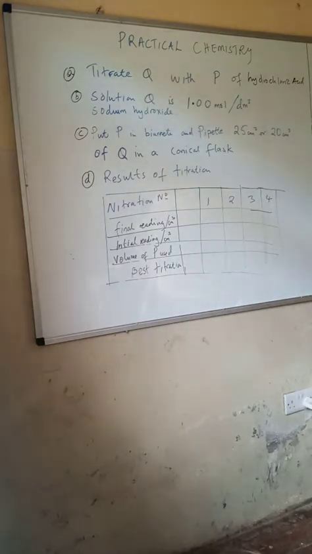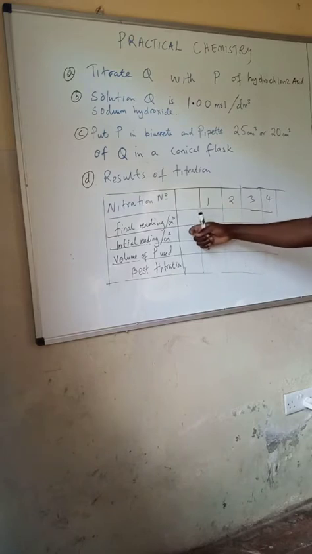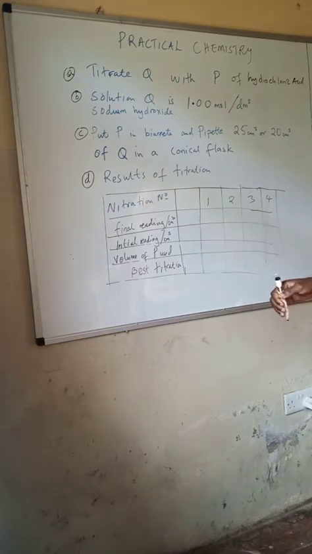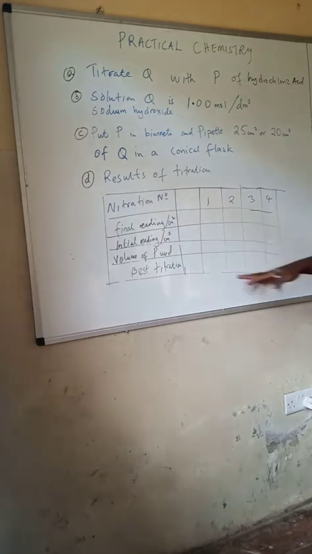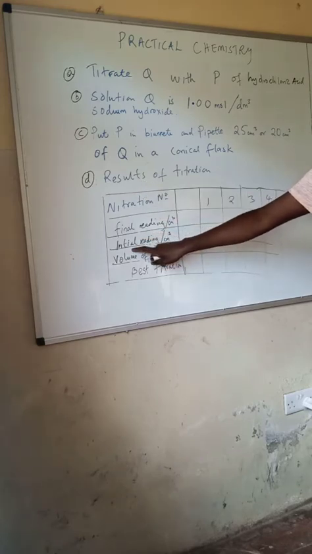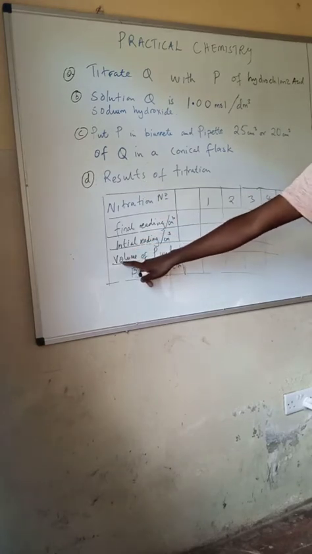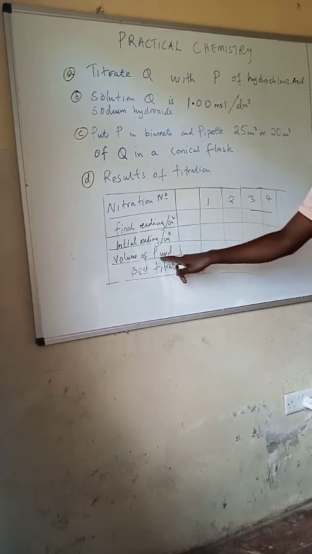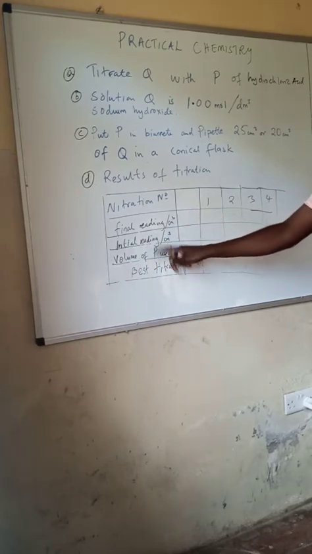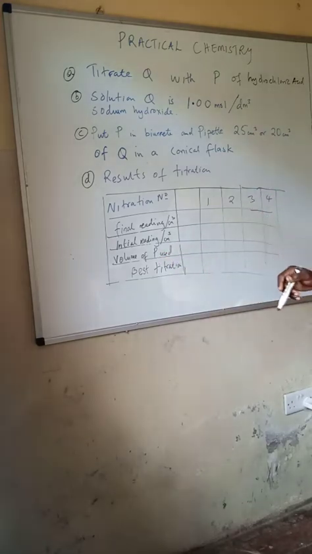Another way you can know this is by looking at this box. This is called the titration box. You look at the letter used in the titration box. I've jumped all these steps. This is final reading, initial reading. But if you look here, they're saying volume of P used. So the letter that you're going to use here is always the acid.